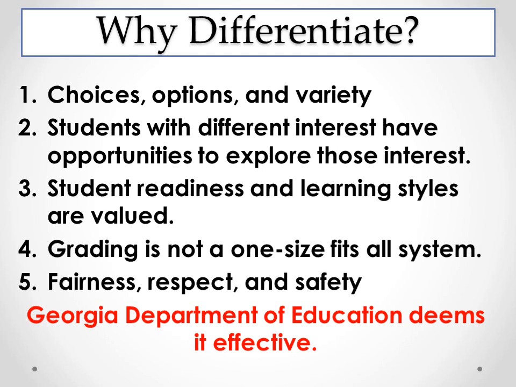Number two, students with different interests have opportunities to explore those interests. Number three, their readiness and learning styles are incorporated into instruction. Studies show that students whose learning styles are accommodated would achieve 75% of a standard deviation higher than their peers whose learning styles are not accommodated.